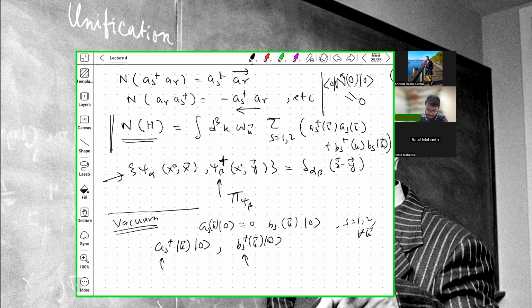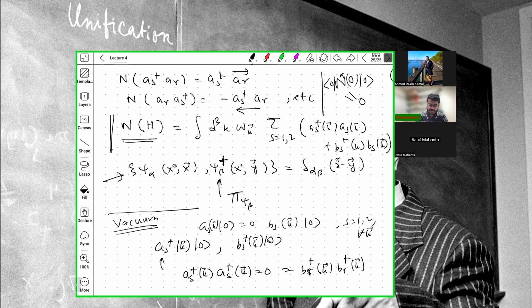So for now, you can see that (a_s†(k))² is 0 because of the anti-commutation property. Similarly (b_r†(k))² is 0.